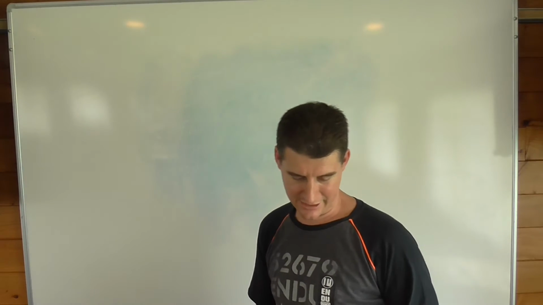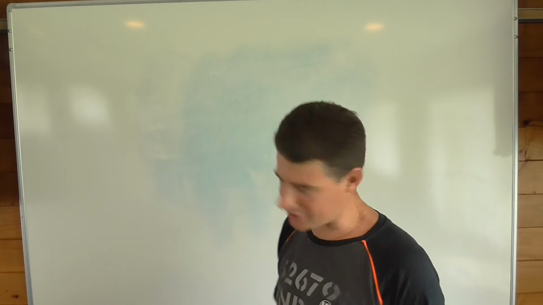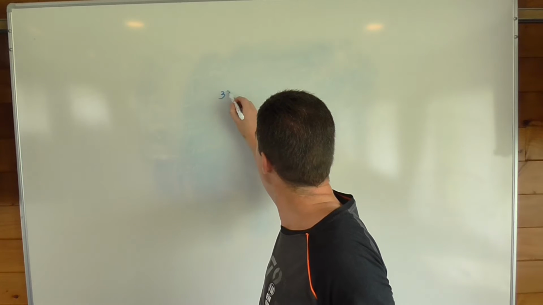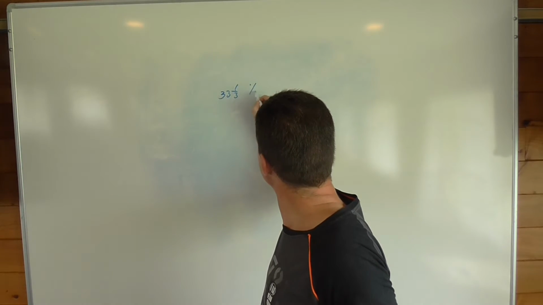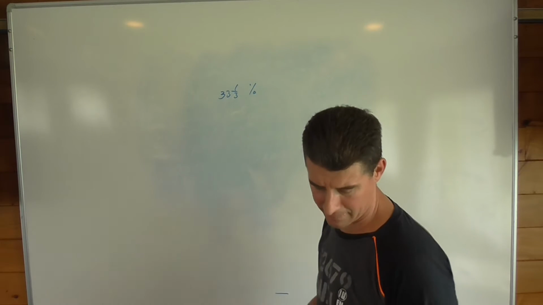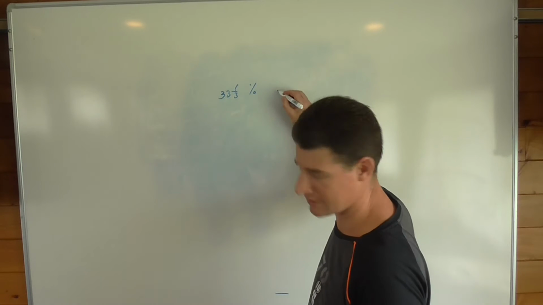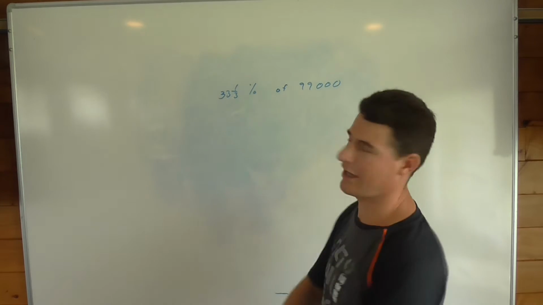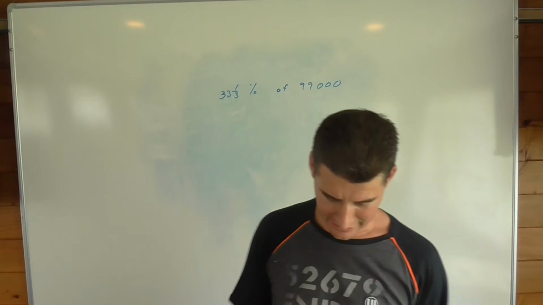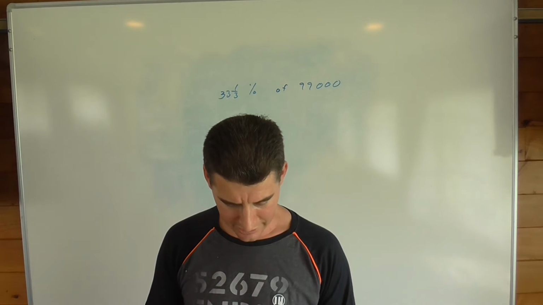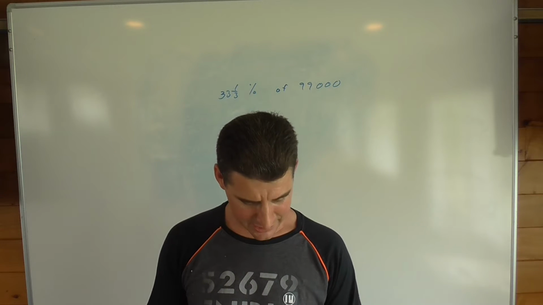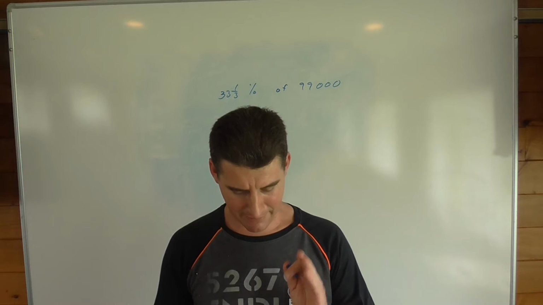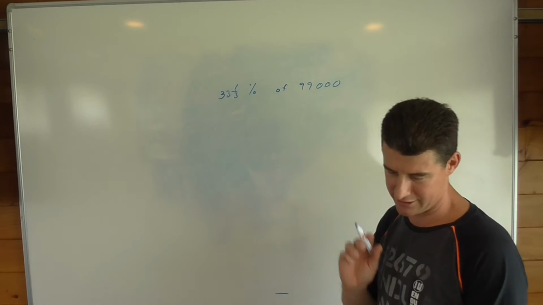So that'll be 33 1/3% of 99,000 Rand. They say the gross profit is 33 1/3% of sales of 99,000.